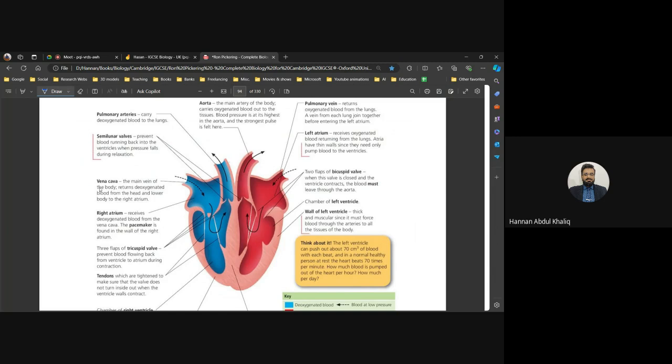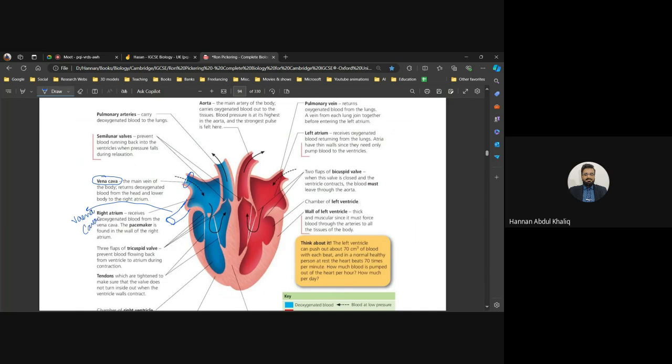Okay, so the first vessel that we often discuss is the vena cava. This is the vena cava, and always remember this is not the only vena cava. There is another vena cava behind it. Let me make a supposed vena cava.